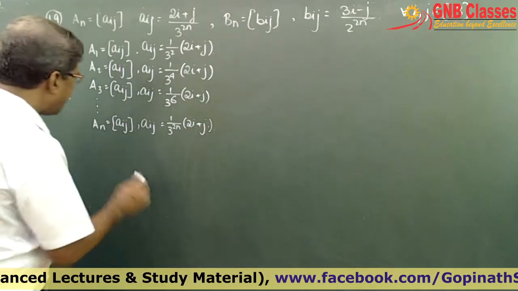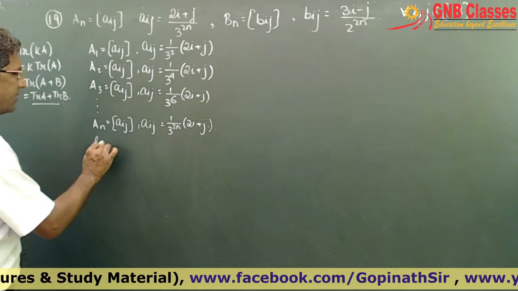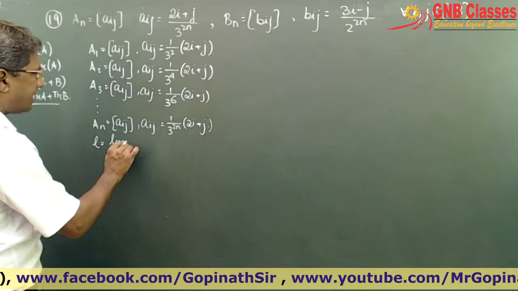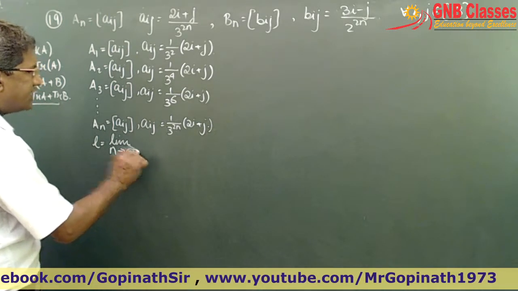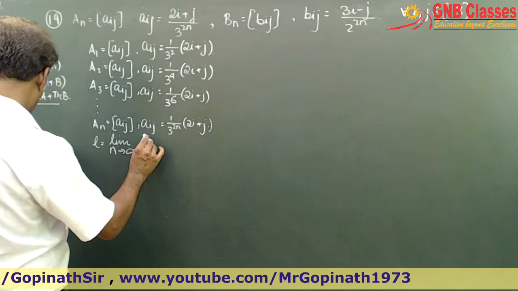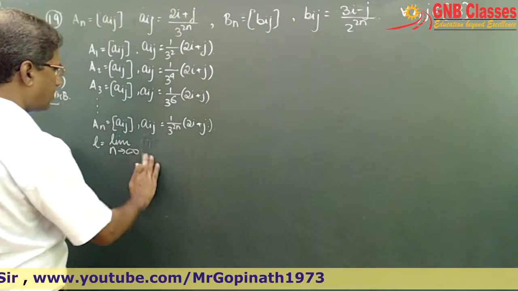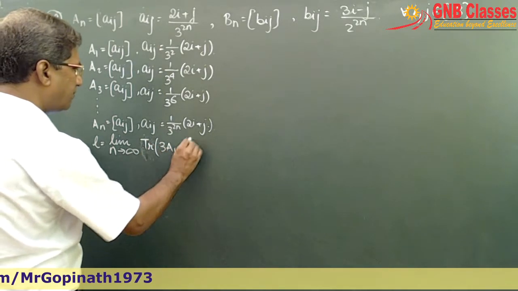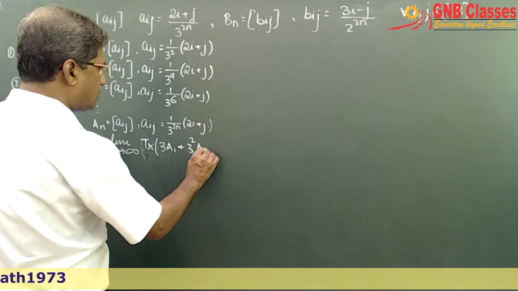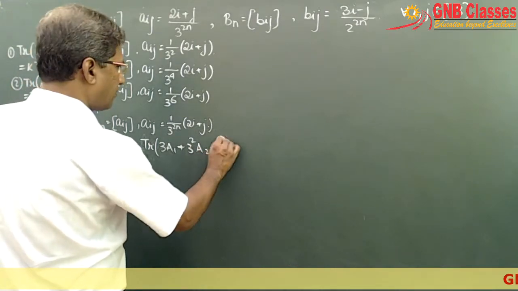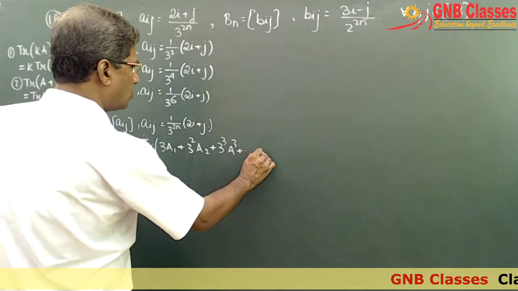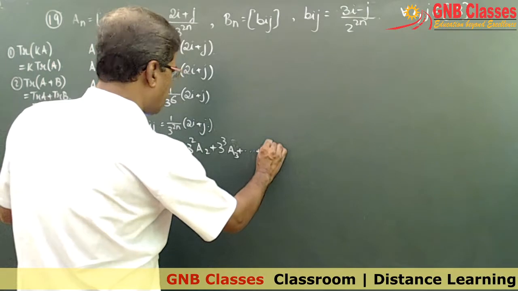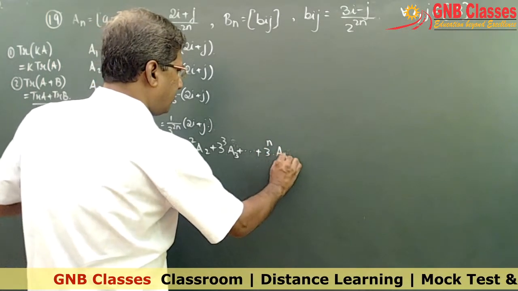Clear? Now they have said that your L is nothing but limit n tends to infinity, trace of (3 A1, 3 square A2, 3 cube A3, and this thing goes on, 3 to the power n A_n).